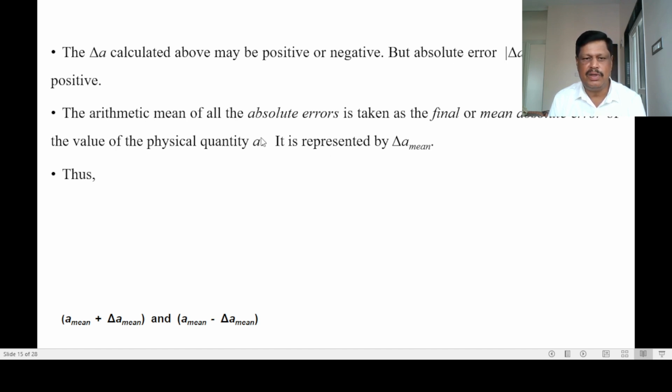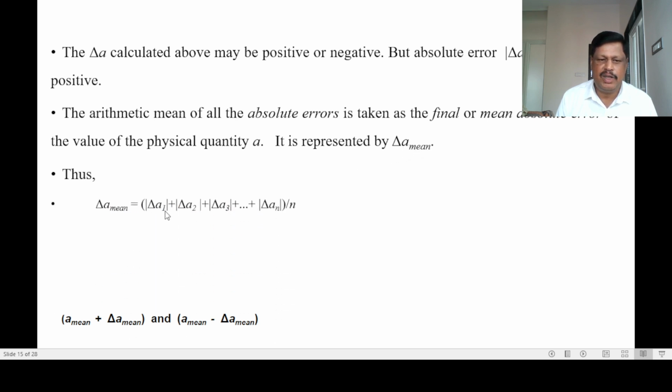The arithmetic mean of all the absolute errors is taken as the final or mean absolute error of the values of the physical quantity A. It is represented by delta A mean.